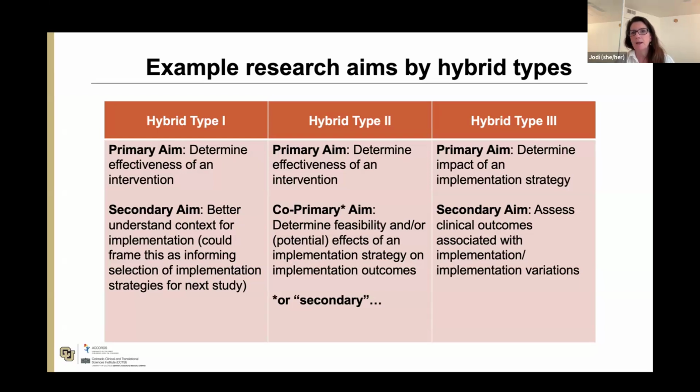Whereas a type 3 hybrid is where the primary aim is really looking at the implementation strategy. You know the intervention itself, which is the thing that's directed at the patient or the participant, works.